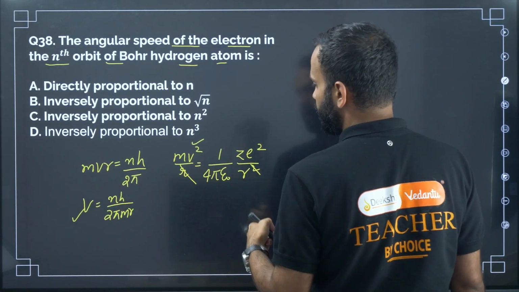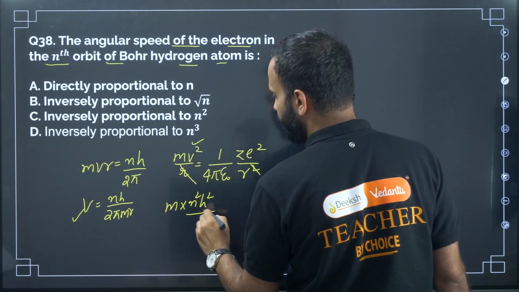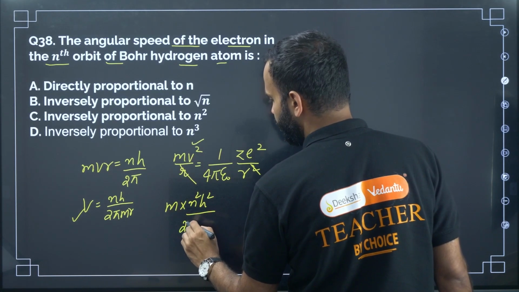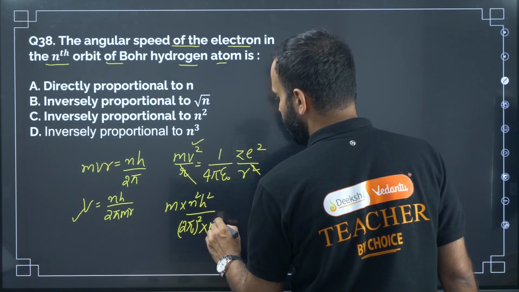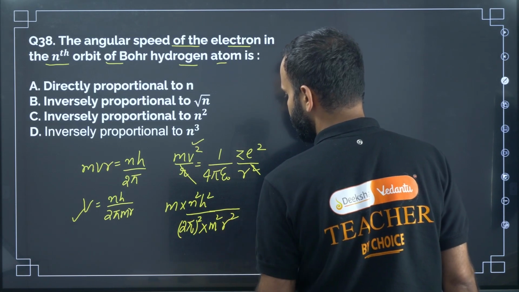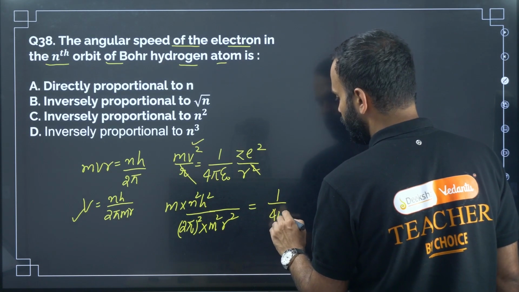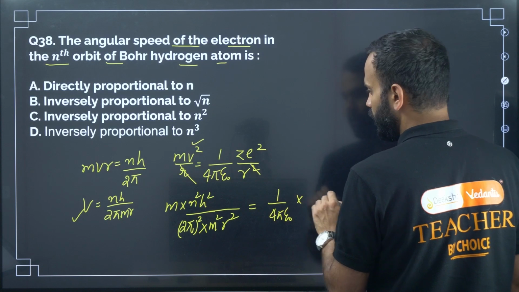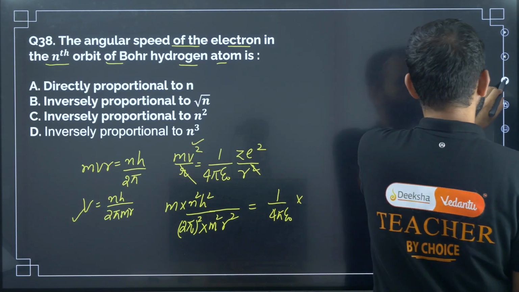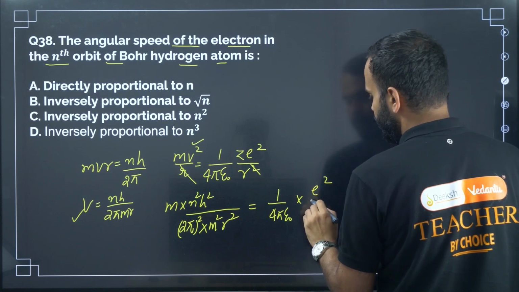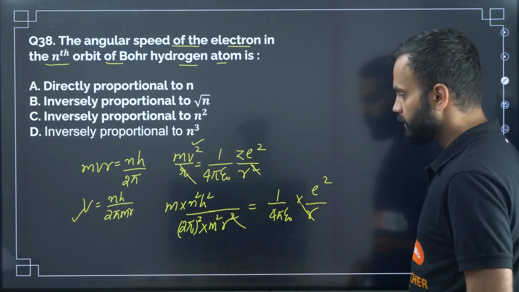Now substitute v in this equation, right? m into n square h square divided by 2 pi whole square into m square into r square, which is equal to 1 divided by 4 pi epsilon naught into z e square. Z is 1 for hydrogen, right? So e square divided by r. So now r will get cancelled, right?